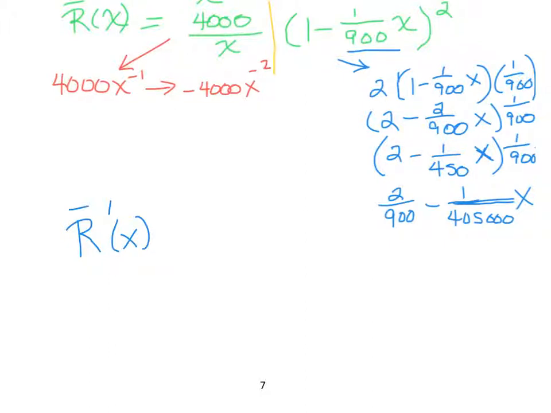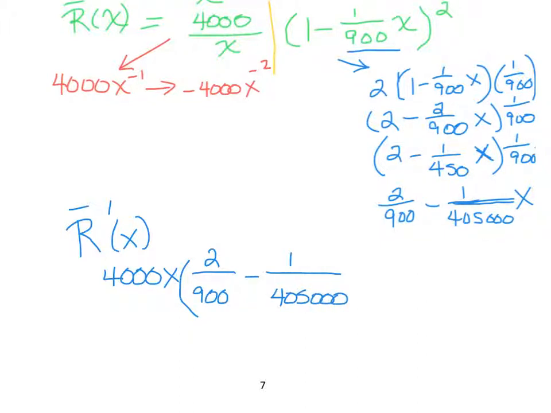So that's going to be the first factor times the derivative of the second factor, plus my second factor times the derivative of my first factor.